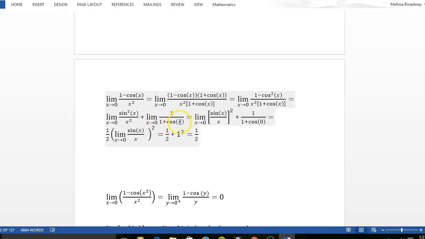By continuity, the cosine of 0 is 1, and 1 plus 1 is 2. So this guy is not going towards 0, so we can yank him out here. I sort of did 2 steps in one there. So I turned the limit of the product into the product of the limits there.